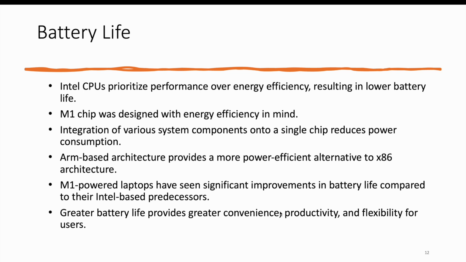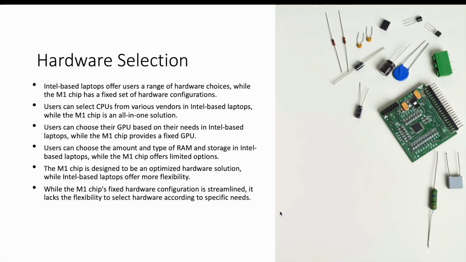And next, we can go through the hardware selection. Intel and Apple M1 differ significantly in terms of hardware selection. Intel-based processors provide users with a wide range of choices in hardware such as CPU, GPU, RAM, and storage.